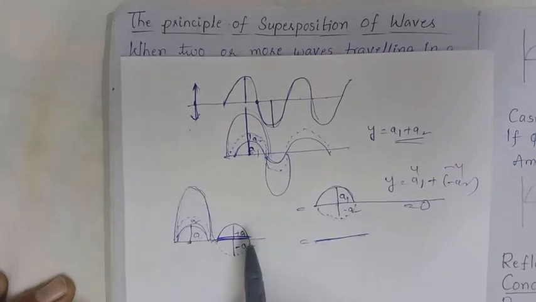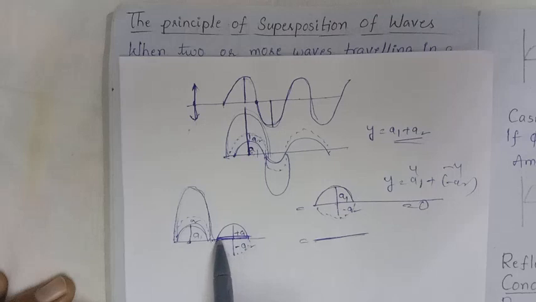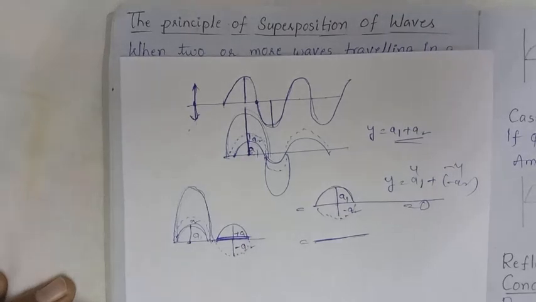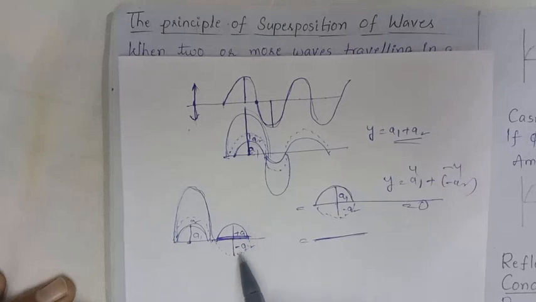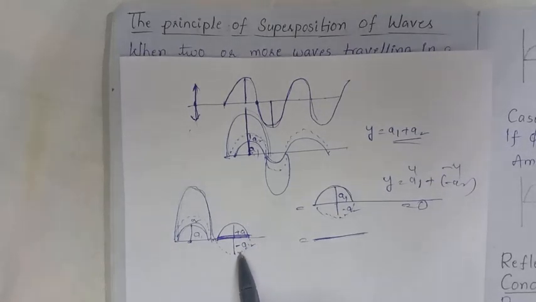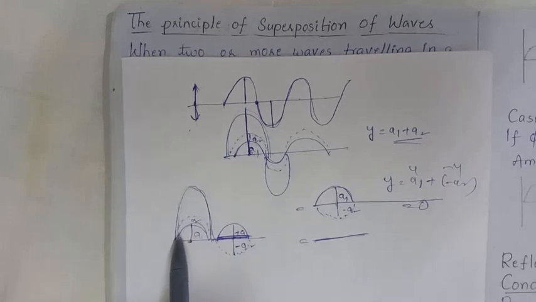Why? Because it is a plus value and a minus value, so the resultant becomes 0. So when a crest is superimposed with another trough, this type of interference is called destructive interference. Destructive. And the other is called constructive.